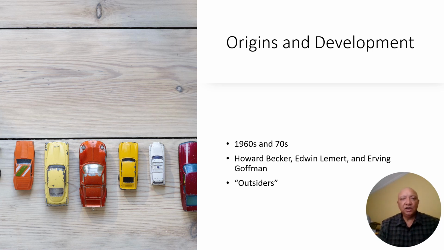Labeling theory emerged in the 1960s and 1970s, influenced by the works of sociologists such as Howard Becker, Edwin Lemert, and Erving Goffman. Becker's book Outsiders is a foundational text in this particular field.